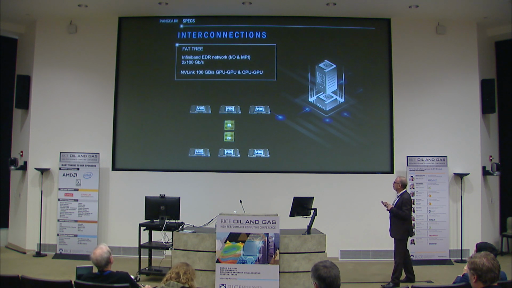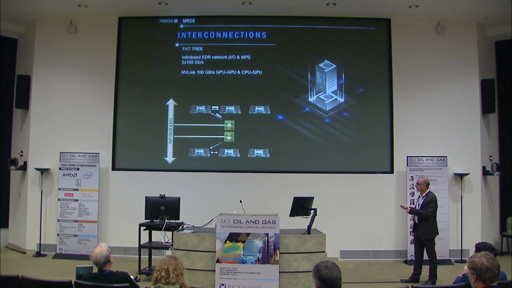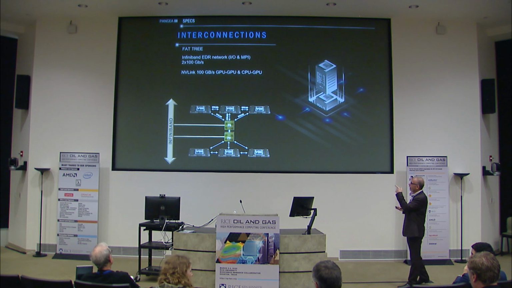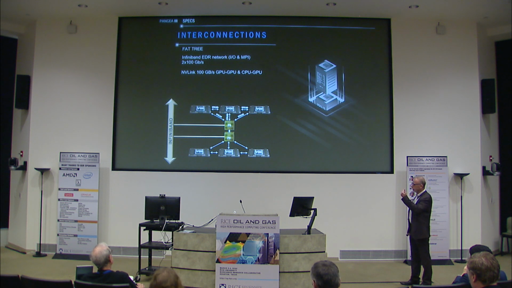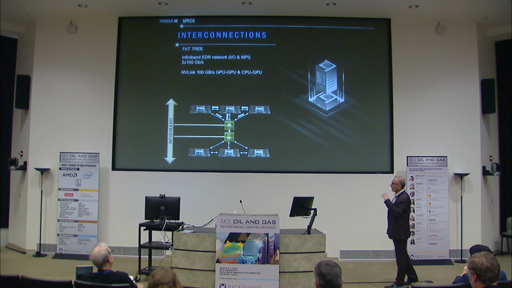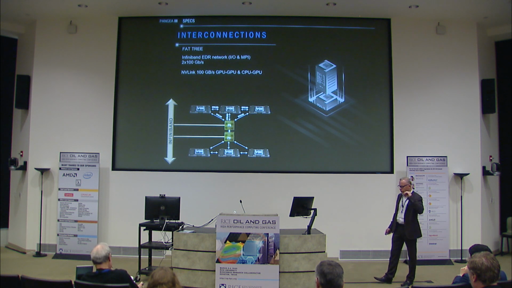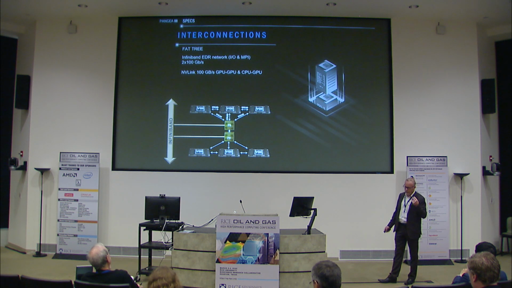The other part is, of course, the interconnect between all the nodes and within the nodes. Within the nodes, as I said before, we have a 100 gigabyte per second NVLink between all the GPUs and between the GPUs and the CPUs. That is very useful for us to be able to give enough to eat to the GPU through the CPU.